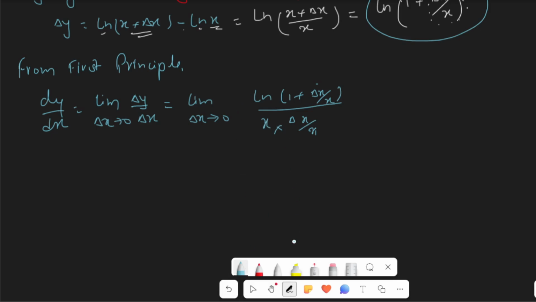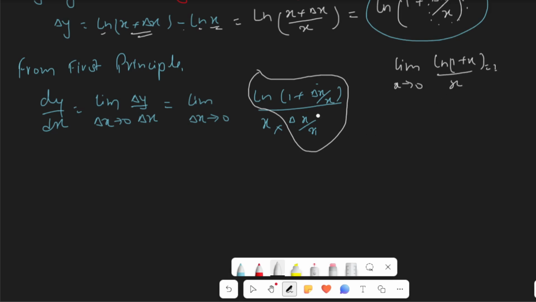Right. Now if we look closely, this is similar to our formula for limit. Instead of x, here we have delta x by x. And as delta x approaches 0, delta x by x also approaches 0. Therefore, these two are equivalent.